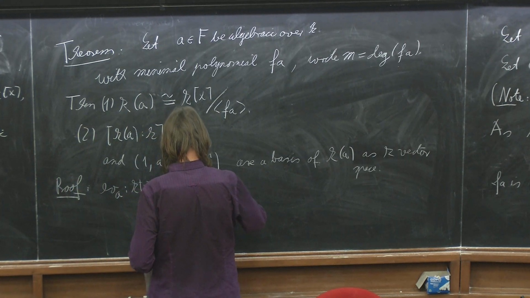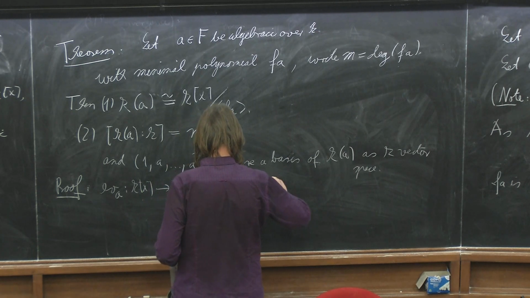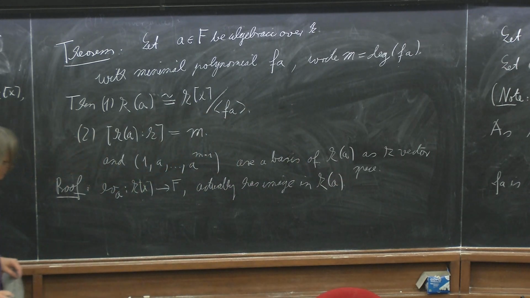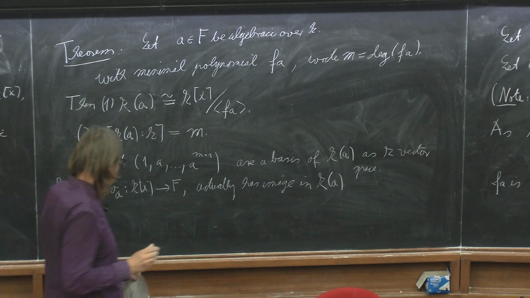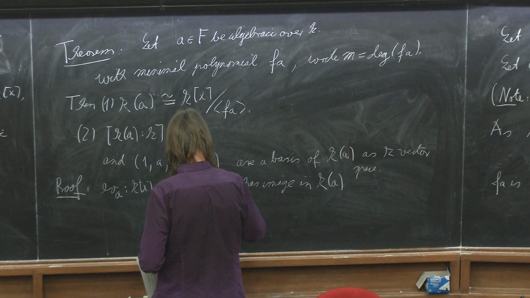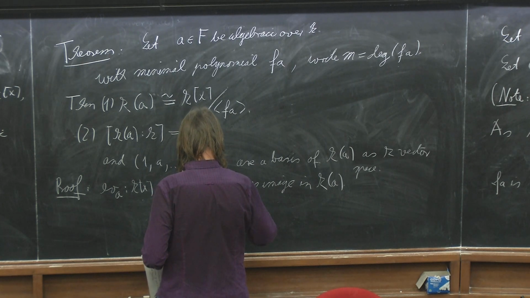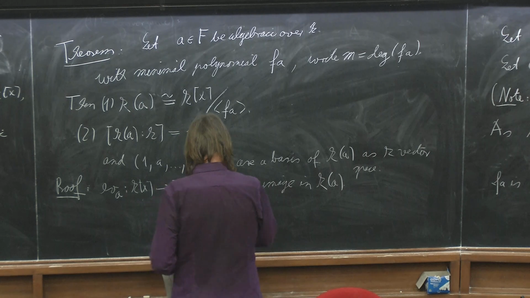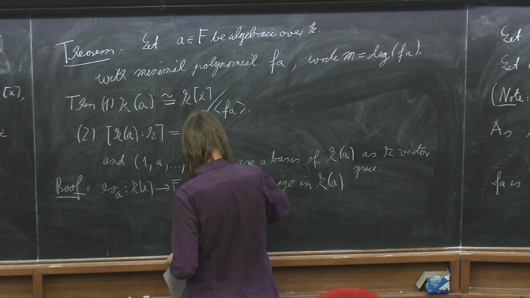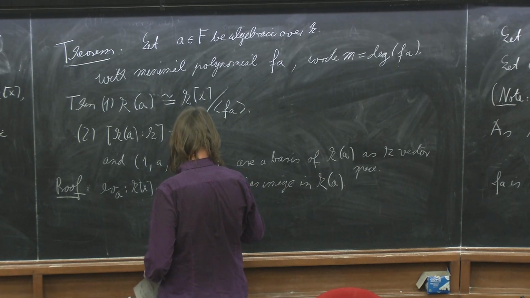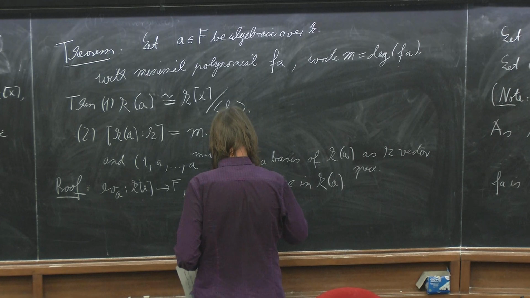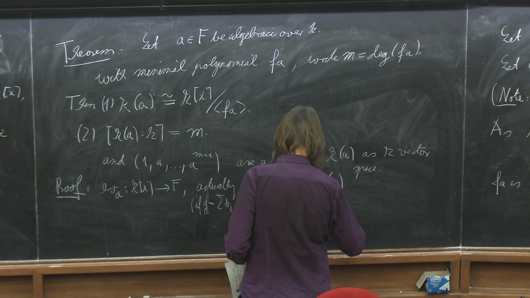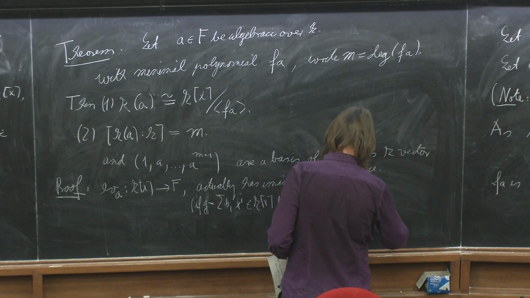So actually it has image in Ka. Because if, so maybe I call it G, is a polynomial, the sum of bi x to the i, then G of a equal to the sum of bi a to the i is certainly in Ka.